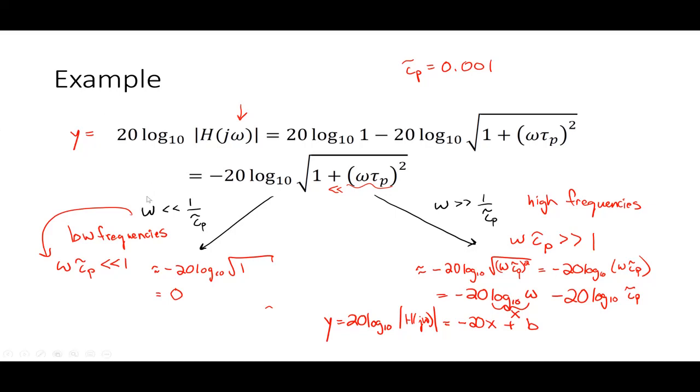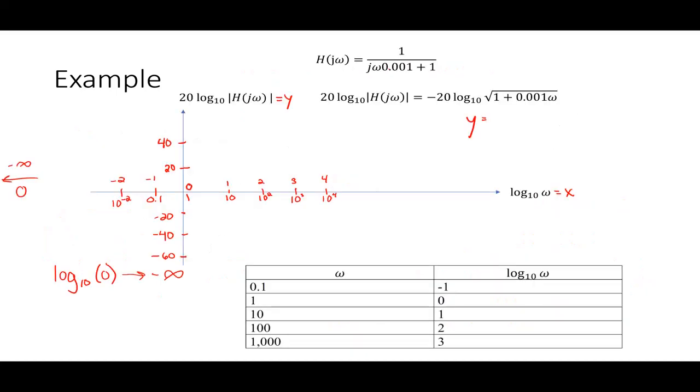I said low frequencies are anything much, much less than 1 over tau p. In this case, 1 over tau p is the same as our pole value, 1,000 radians per second. So for frequencies much, much lower than that, everything is equal to 0.